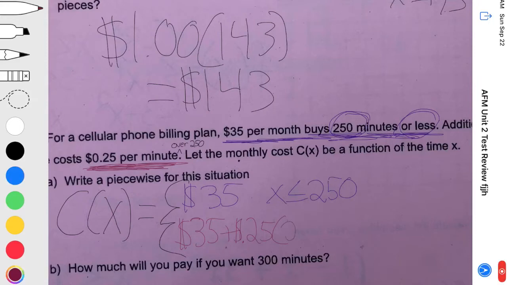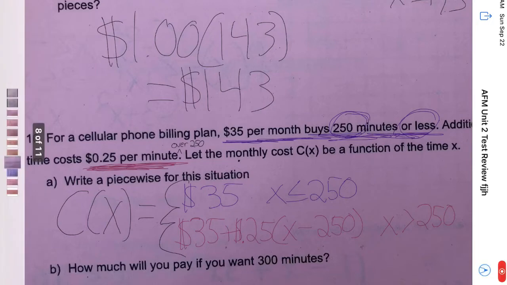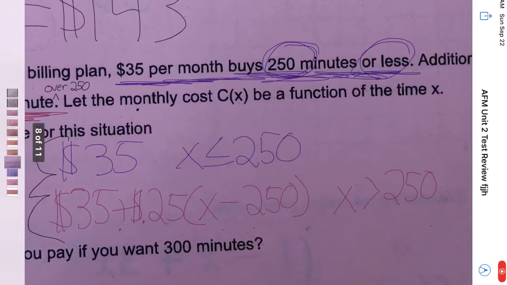So we're going to have 250. Nope, we're going to have X, subtract our 250 that we've already paid for. And that is going to be when X is greater than 250. So this is our piecewise.